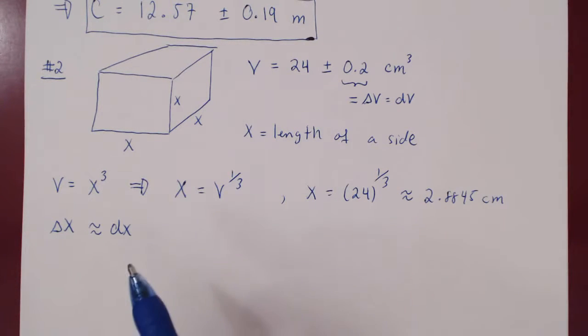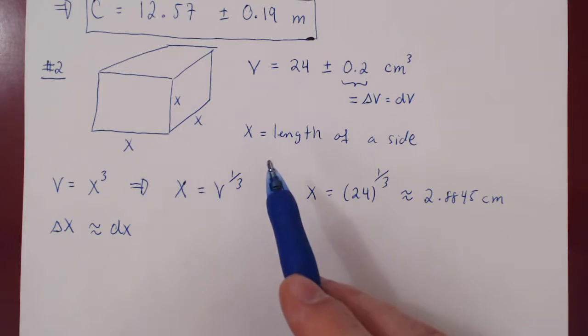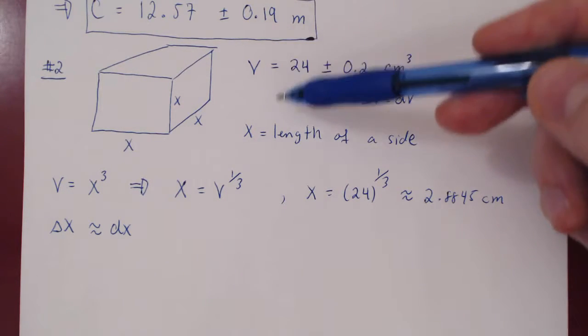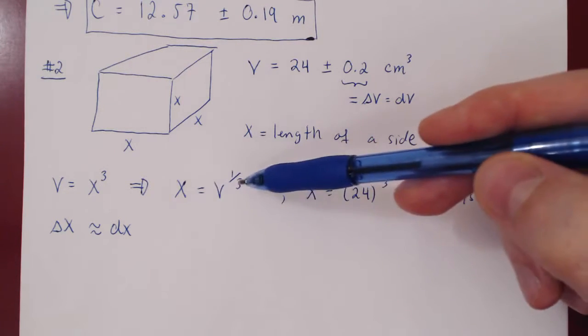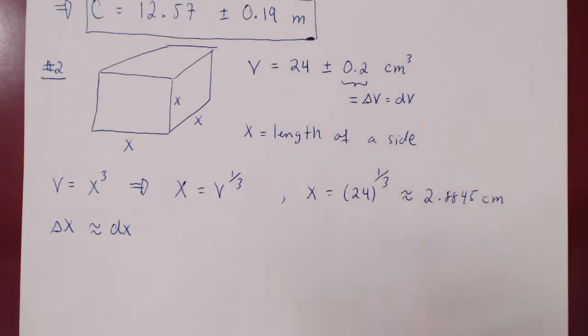And here be careful about this, right? We're used to seeing x as the independent variable, but here it's not the case. The independent variable is the volume, and x is now the dependent variable. x is now a function of the volume.